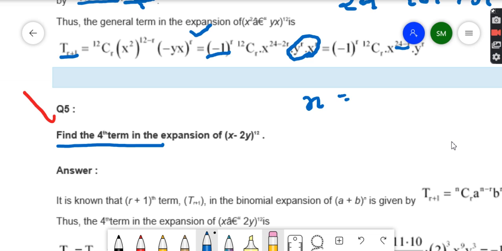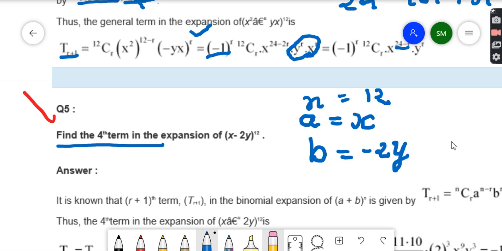This is my first step. Remember, in all the sums, you must mention your general term first, and for this you will get an extra mark. Even if you are not getting the correct answer, definitely you will get marks for this. A is equal to x, b is equal to minus 2y.